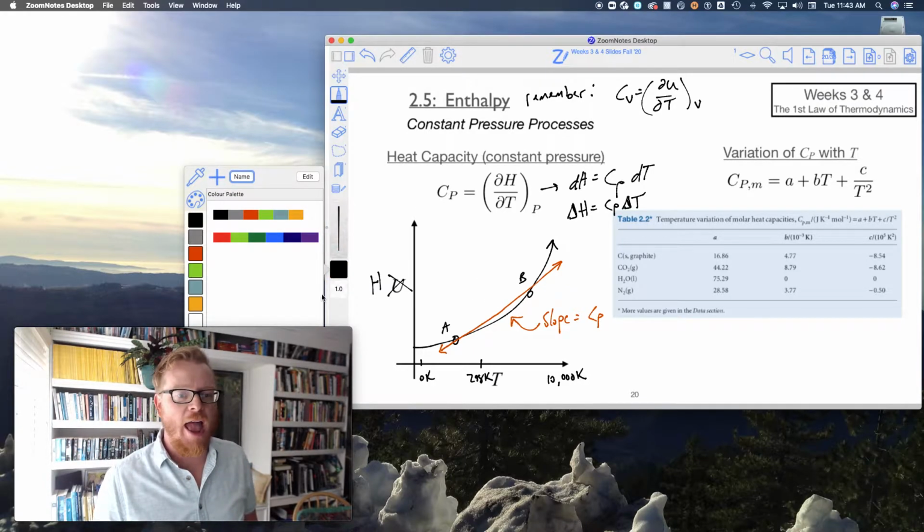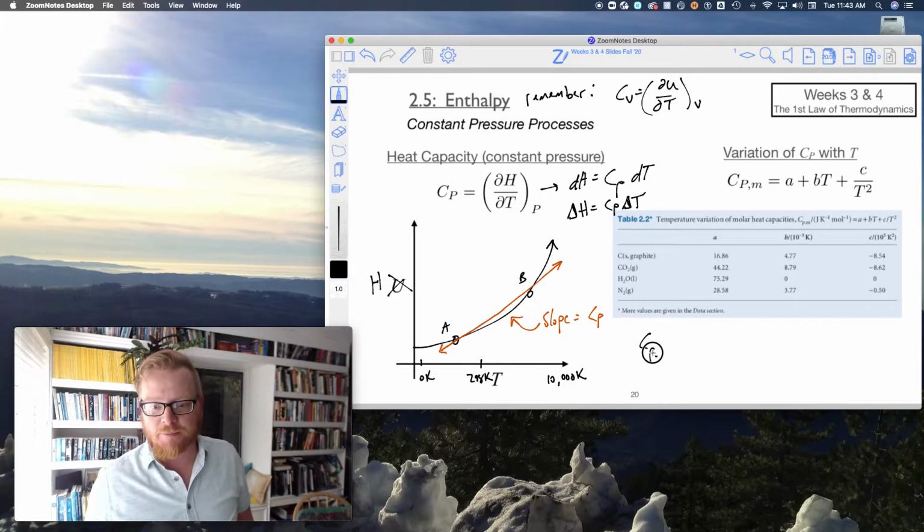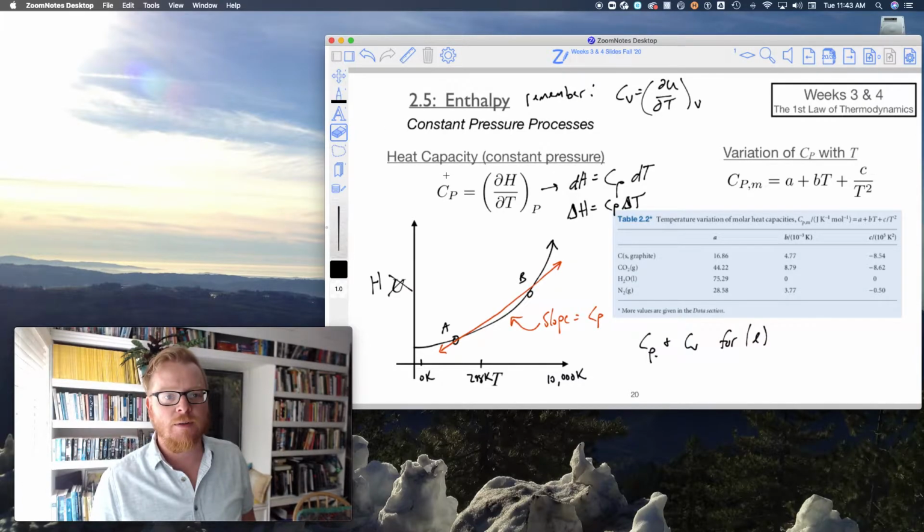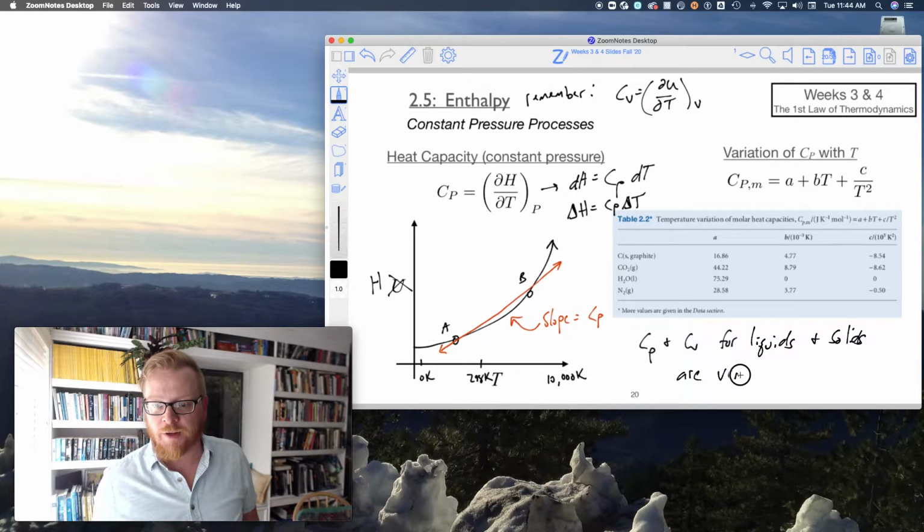But as far as CP and CV for liquids and solids, they're roughly the same. They are very similar.